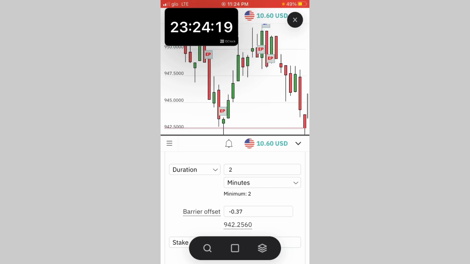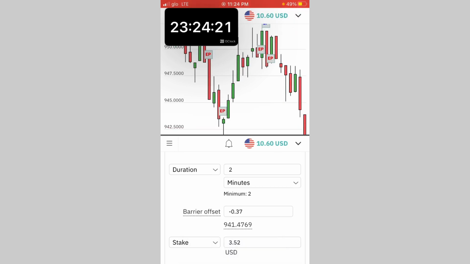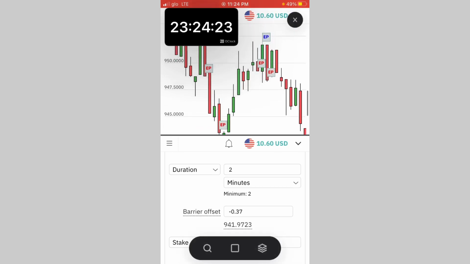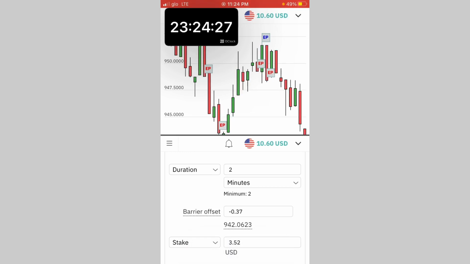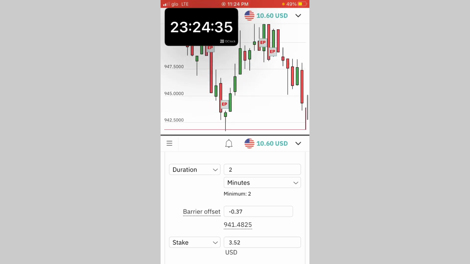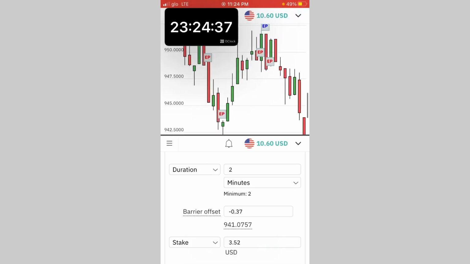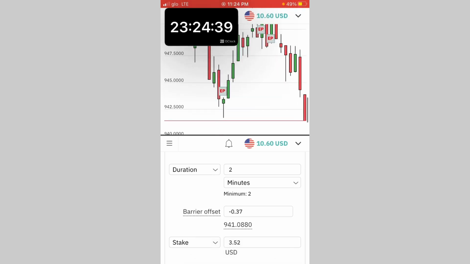Once the engulfing candle comes, it will first show you the red EP or the blue EP. Then if it shows, you have to wait for it to close. After the candle has closed, that's when you will be entering on the new opening candlestick. So we still wait and see what goes on.